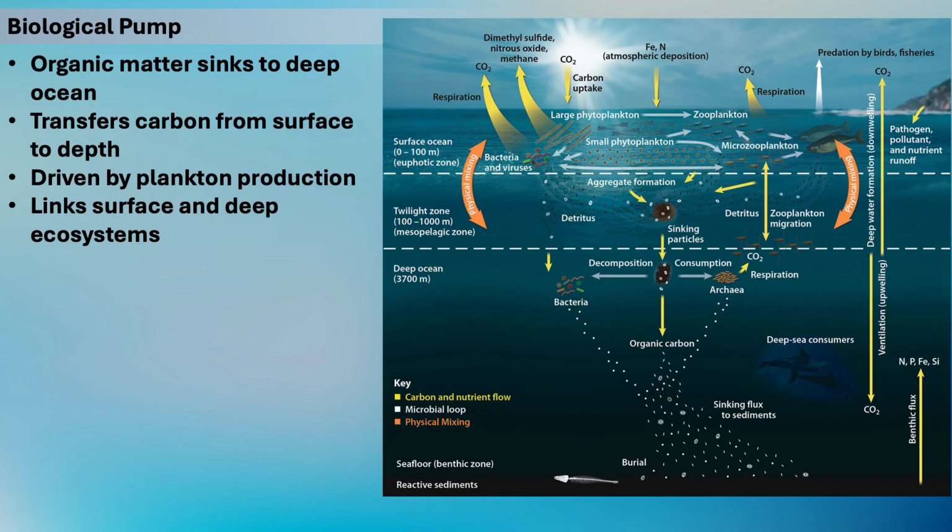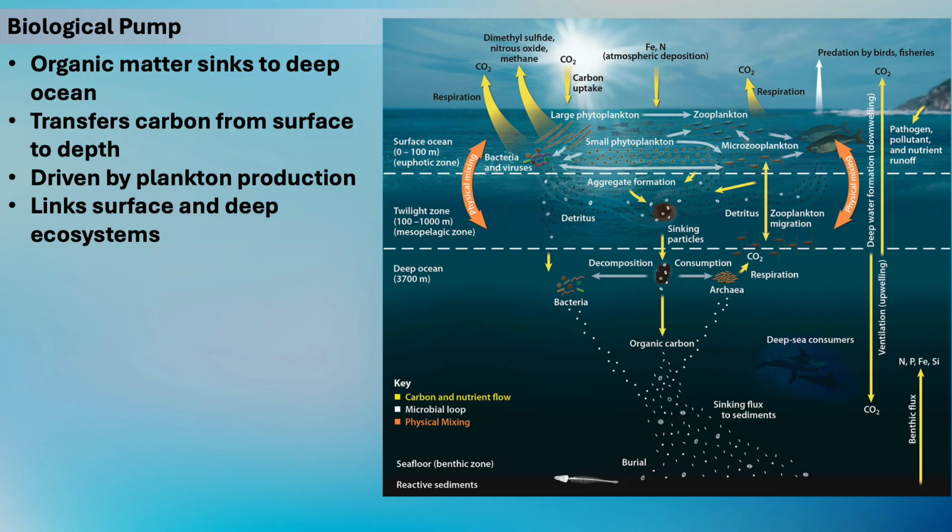Importantly, this process is not purely physical. It depends on biological activity. The rate of primary production, the structure of food webs, and behaviors such as diel vertical migration all influence how much carbon is exported to depth. This is where everything comes together.